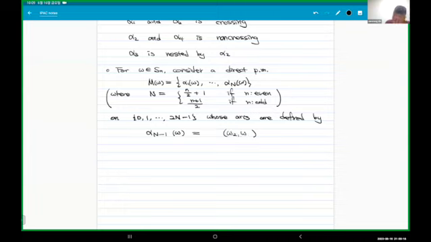In general, alpha N minus i of w is w_{2i}, w_{2i+1} for i starting from 0 to N minus 1, where we regard w0 as 0 and w_{n+1} as n plus 1.